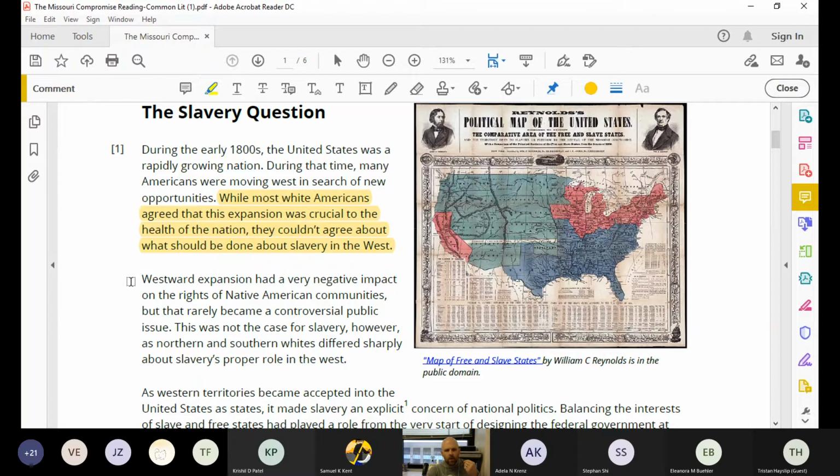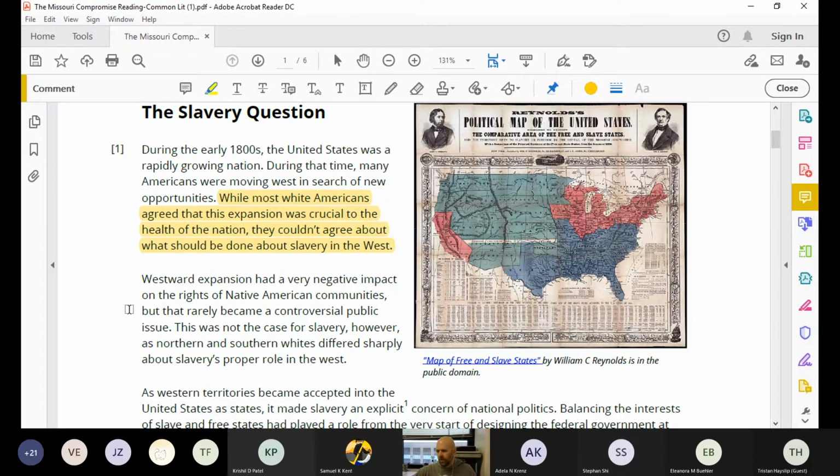We know there's a very sharp divide on this issue because we've been adding states in pairs for many years now to keep that balance. I'm going to come back to this balance of slave states and free states quite a bit, because it is pivotal to maintaining some kind of agreement on so many issues involving the country at this time.